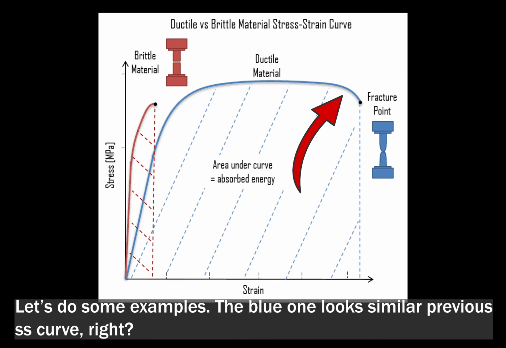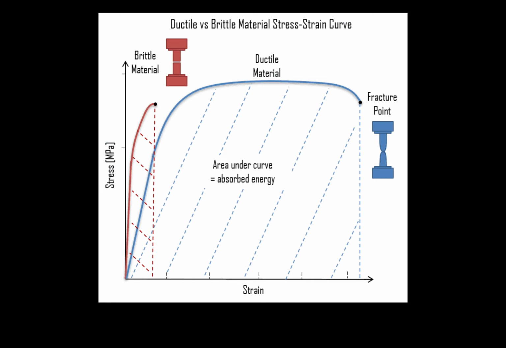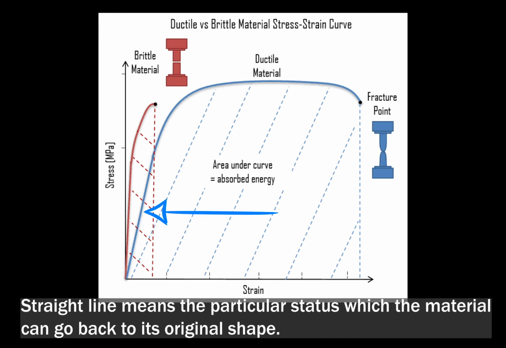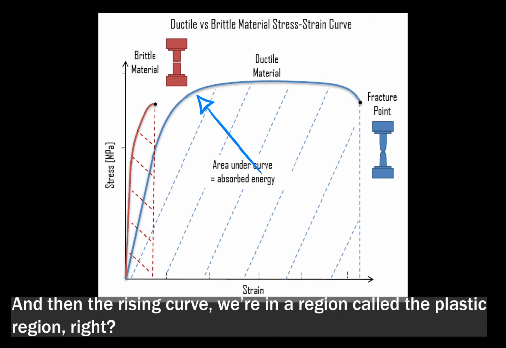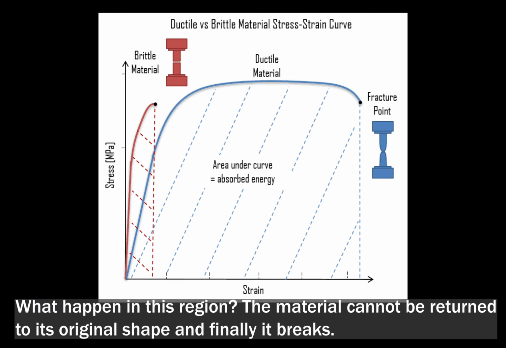Alright, let's do some examples. The blue one looks similar to the previous SS curve, right? The straight line means the elastic state, in which the material can go back to its original shape. Then the rising curve, we are in the region called the plastic region, right? And what happened in this region?